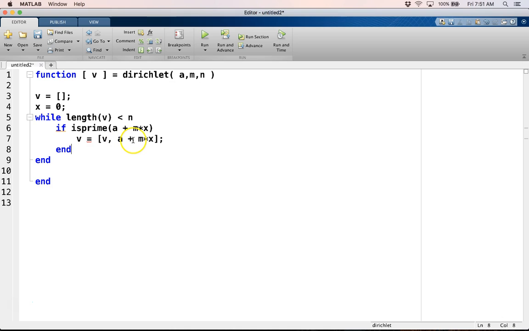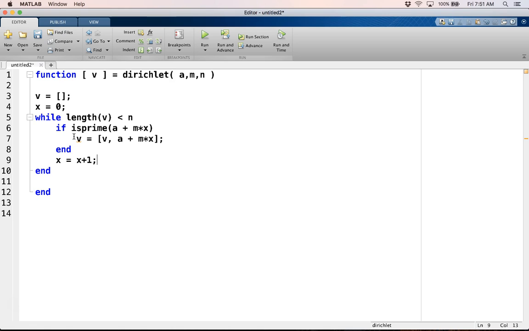And I don't need an else statement here because if it's not prime, I'm just going to go on to the next one. So maybe you would think the else should be x equals x plus 1, but I want to do that even if I do find a prime. Because even if I do find a prime, I still want to find more primes up until I've found n total. So after this if statement, I'm going to do x equals x plus 1.